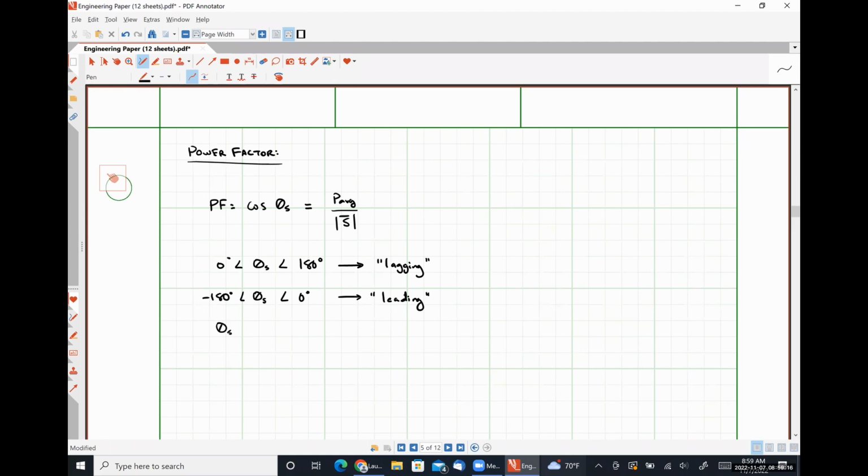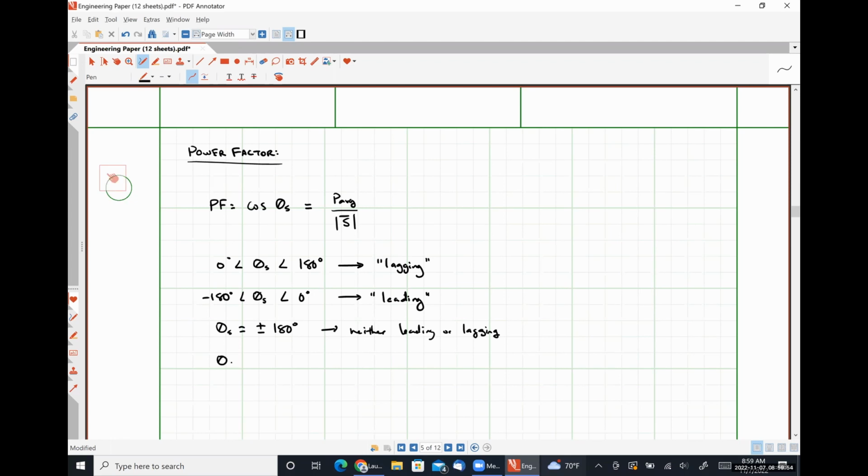If theta s is equal to plus or minus 180 degrees, we consider this to be neither leading or lagging. That's because we're operating at 100% efficiency. So there is no phase difference, or they're exactly 180 degrees out of phase, which means effectively there's no phase difference, just the magnitudes are different. Okay.